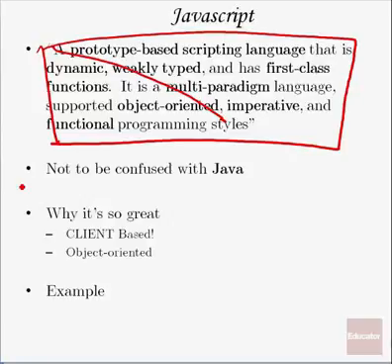Okay? This is not to be confused with Java. JavaScript is a scripting language that is client-based, meaning it's browser-based. When you talk about PHP, it's server-based. All that stuff you write in PHP is all done in the back end in the server, doing its own little magic before sending it up to the browser to be displayed.